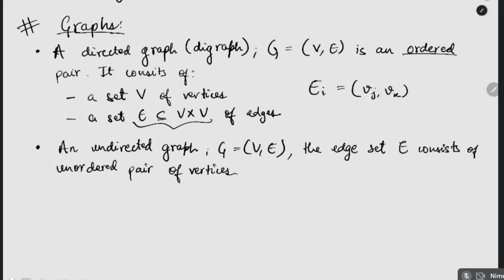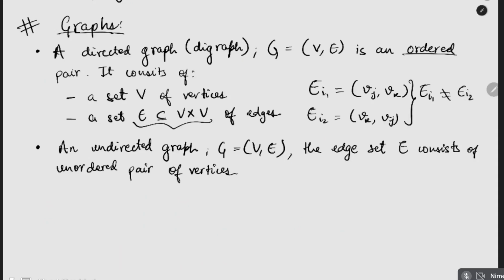So this has a different meaning. Let's say this is I1 and this is I2, and this is written as V K comma V J. Then in a directed graph, these two edges are not the same. They're different.